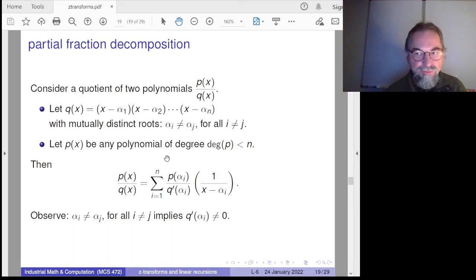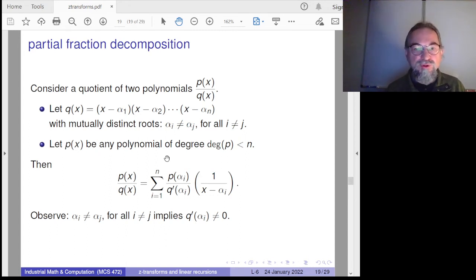Most languages and most plotting environments are robust enough that your computer will not crash. But in some sense, geometrically, what it does is that it separates all the problems. So if you're going to evaluate your rational expression, you have to be careful if you get close to any of those roots of the denominator. They are called the poles of the expression.